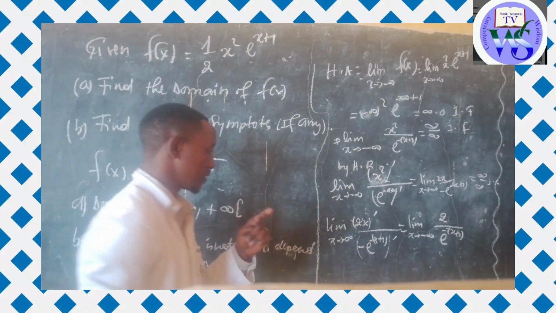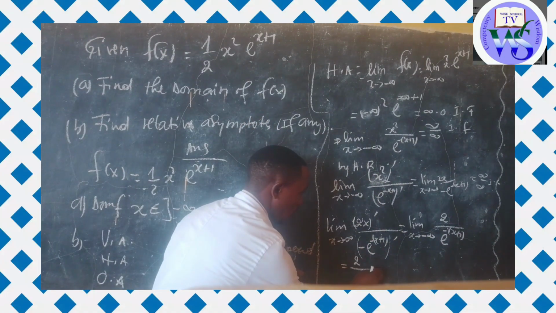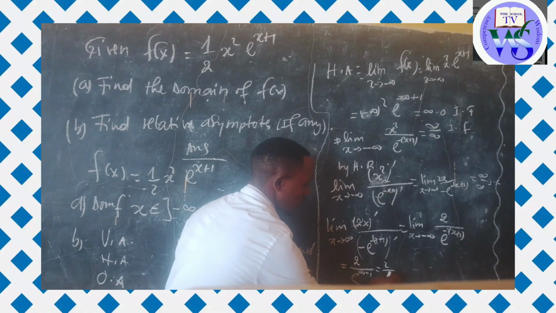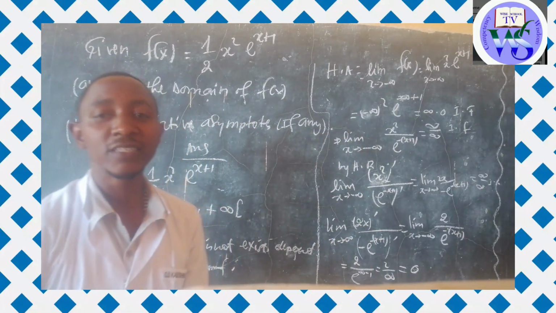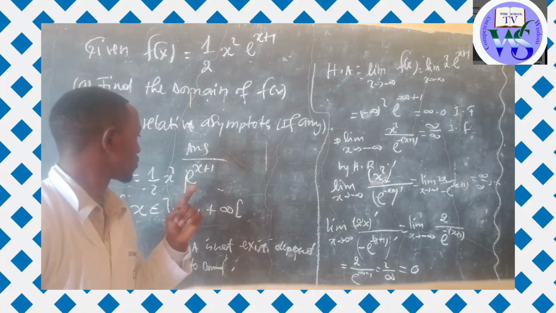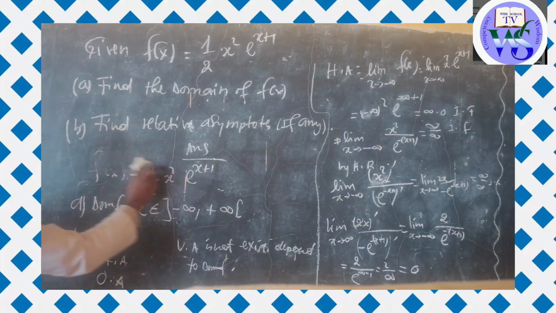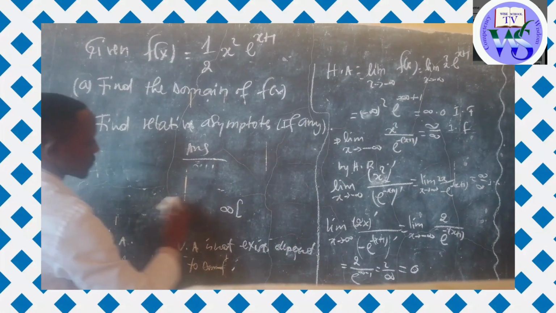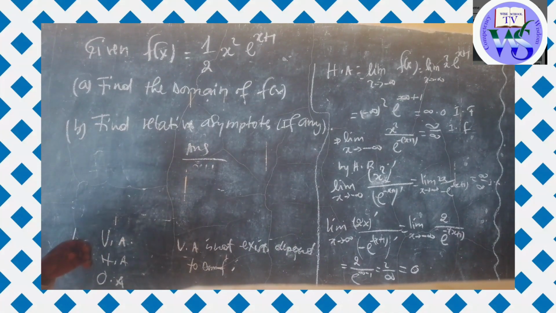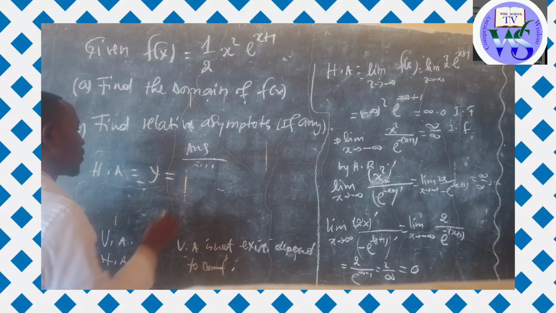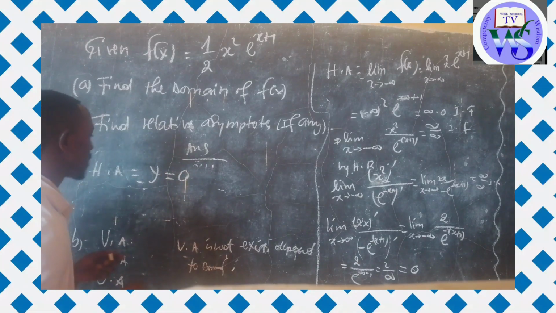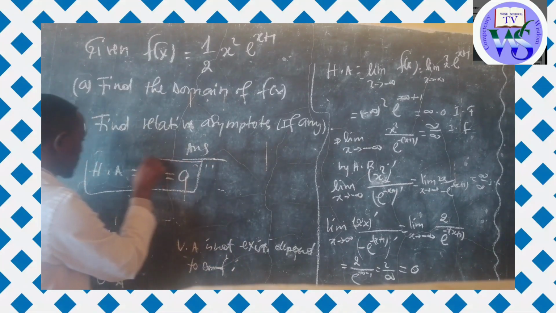So this is equal to 2 over e power infinity minus 1, which is equal to 2 over infinity, which is equal to 0. It means that the limit is equal to 0, by L'Hospital's rule. The horizontal asymptote is y equal to 0.